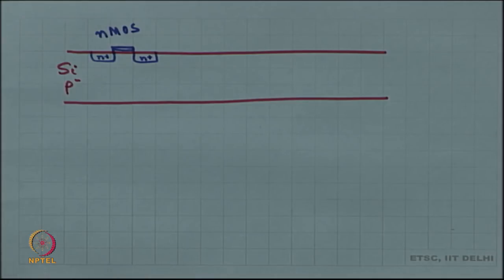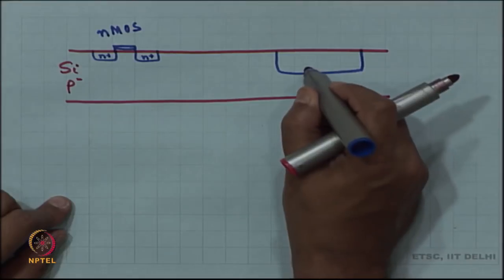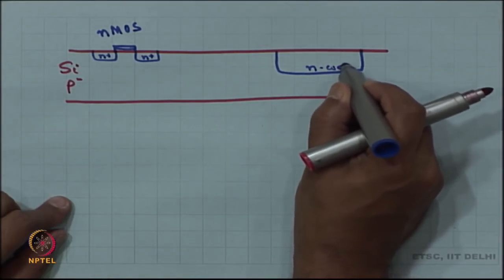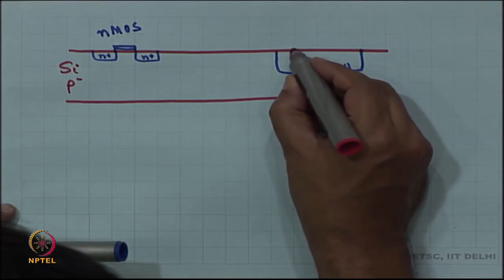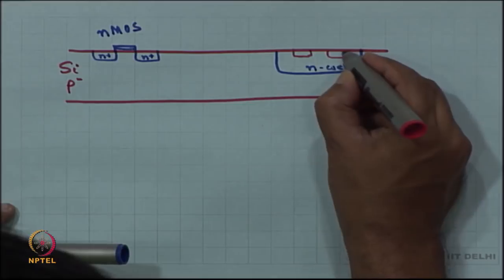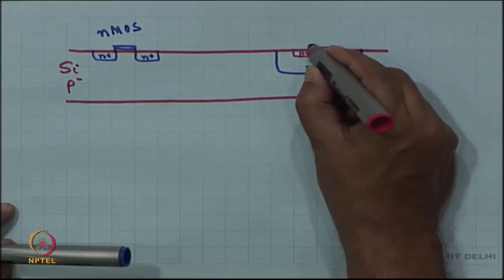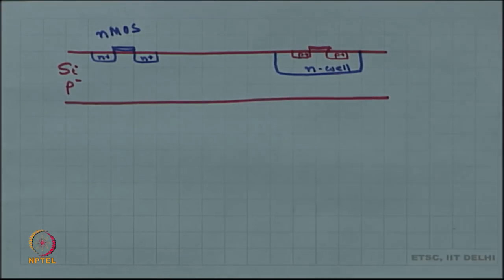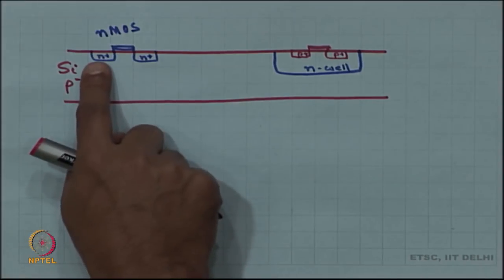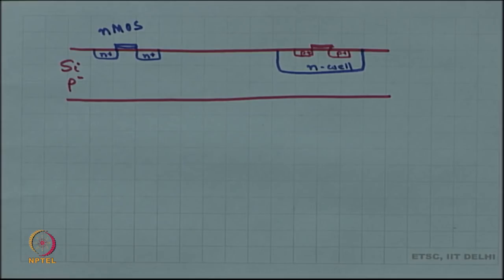So, what they do is they make a little well over here which is called the N well, and inside the N well they make the PMOS device. Okay. So, every PMOS device can be made in a different N well, whereas all the NMOS devices have to reside on the same silicon substrate.